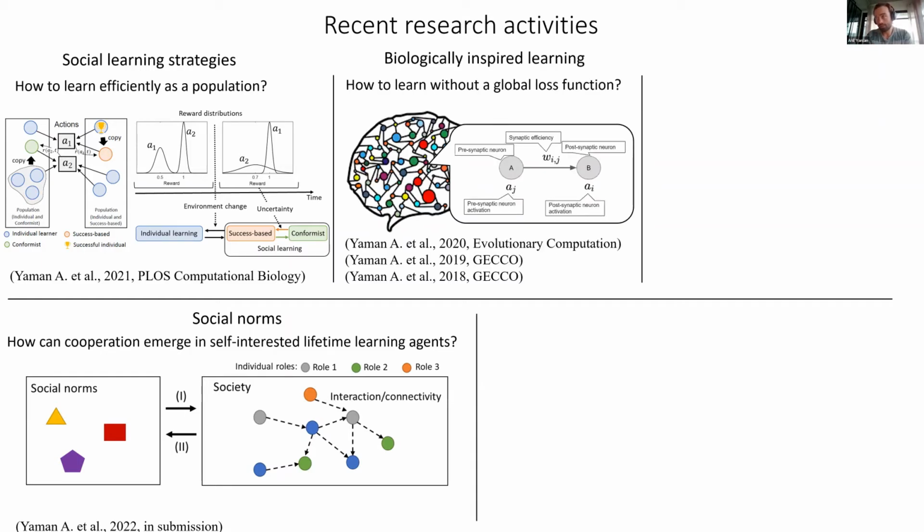And here, from my previous work, especially during my PhD, I was focusing on biologically inspired learning in artificial neural networks. Similarly, I was considering a neural network as a collection of agents like neurons.